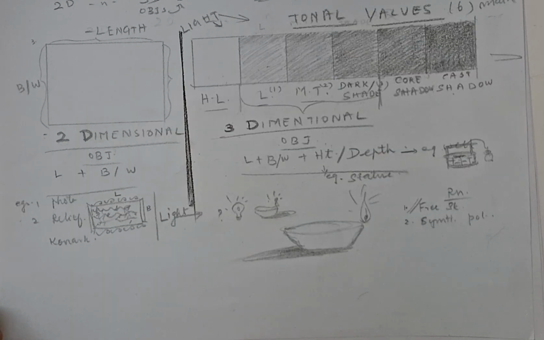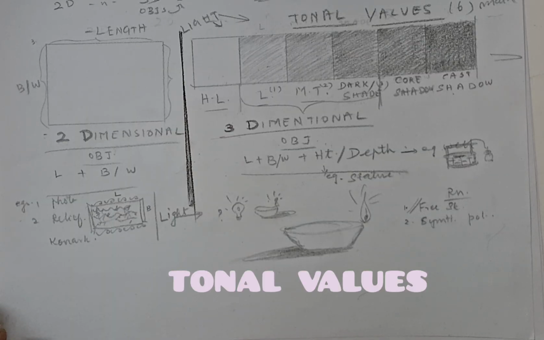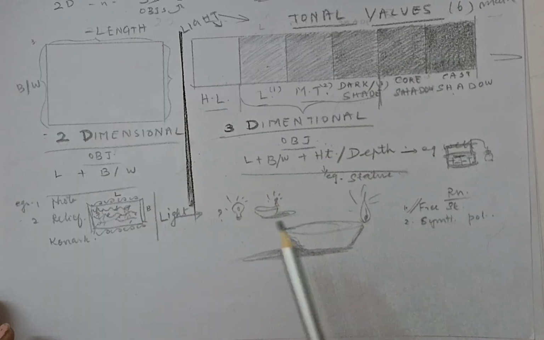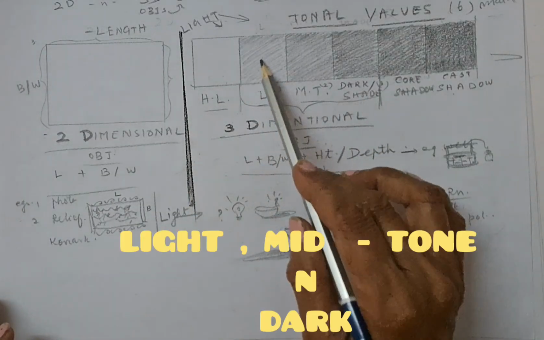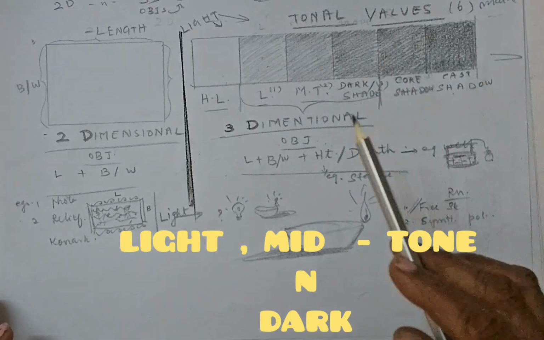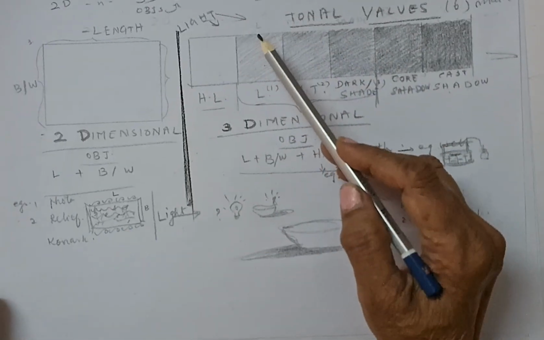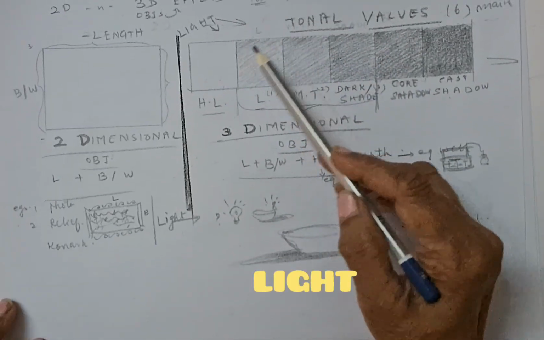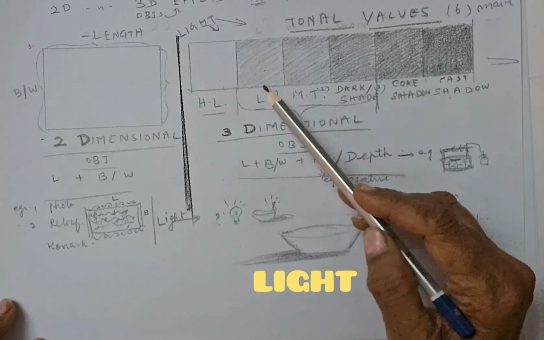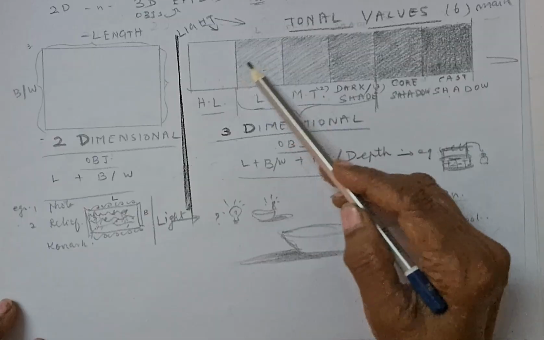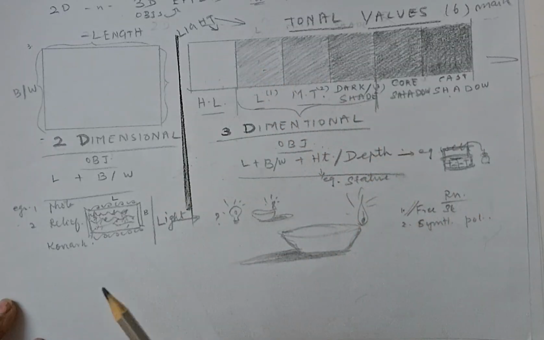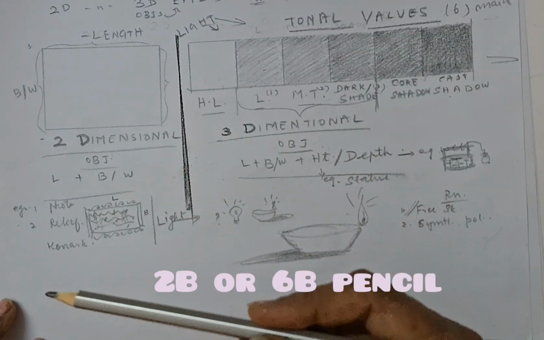So how will you give tonal values? There are certain variations. Mainly three tonal values are there: light, mid-tone and dark. This is light. You can give tonal value like this, with a 2B or 6B pencil.